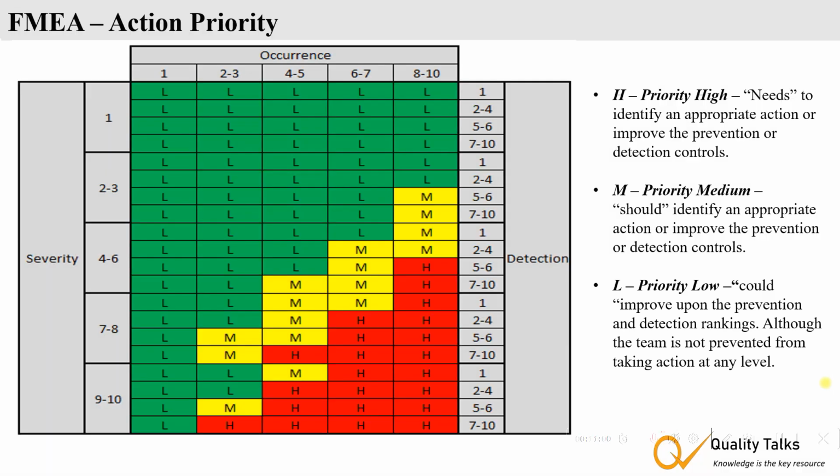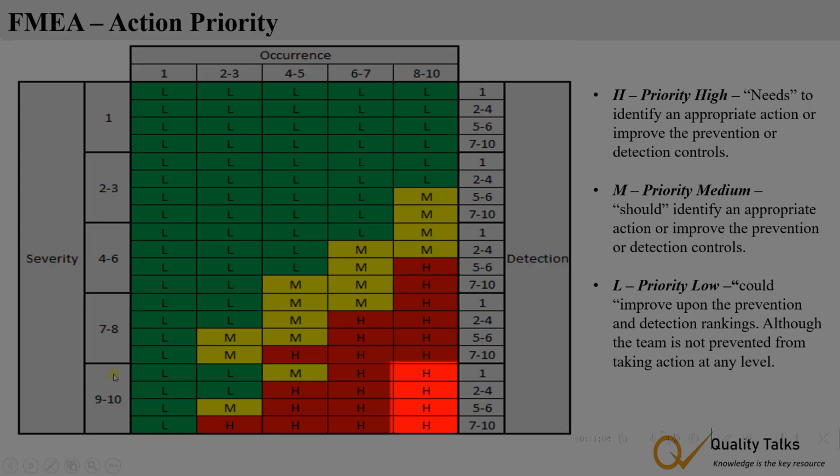Now how to decide action priority? It's very simple. Let's take the case of severity 9 and 10. If your severity is 9 or 10 and your occurrence is 8 to 10, for any value of detection, your action priority is high. Similar is the case for occurrence value 6 to 7.